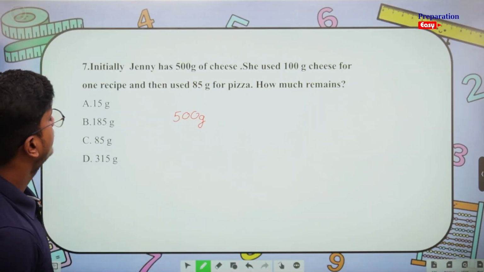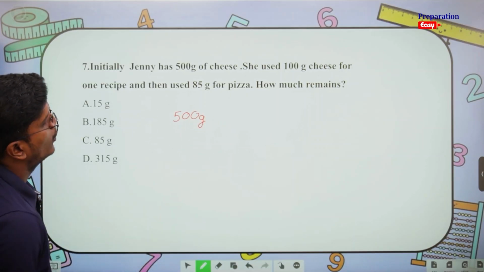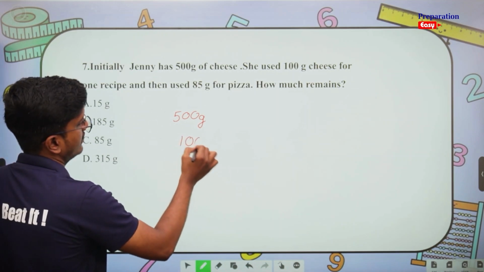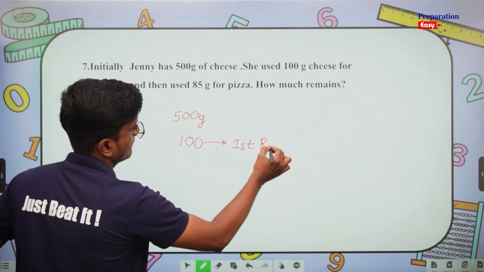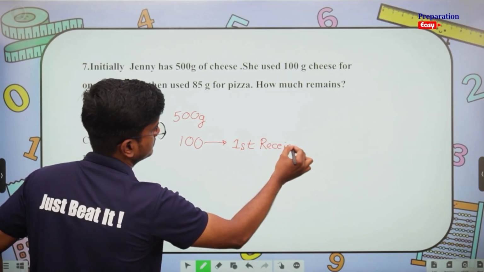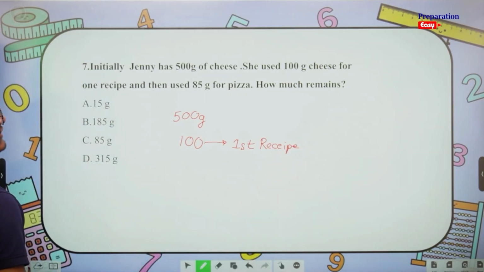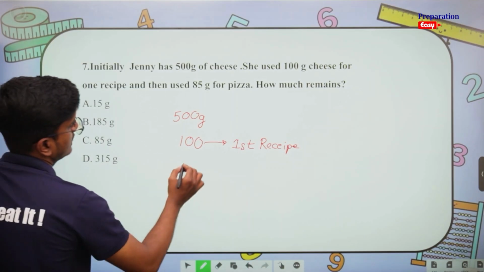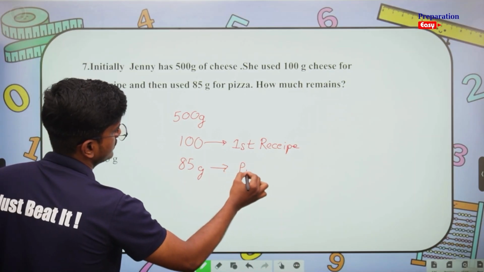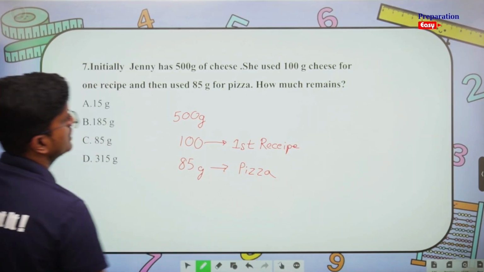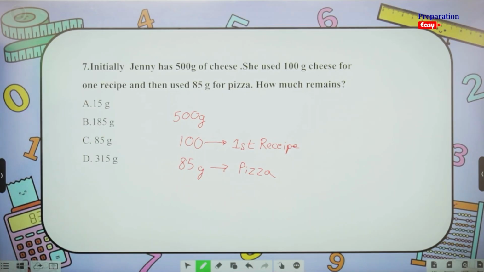From this 500, she used 100 gram for the first recipe, and another 85 grams for pizza. How much remains? So we have to calculate how much we are remaining with.